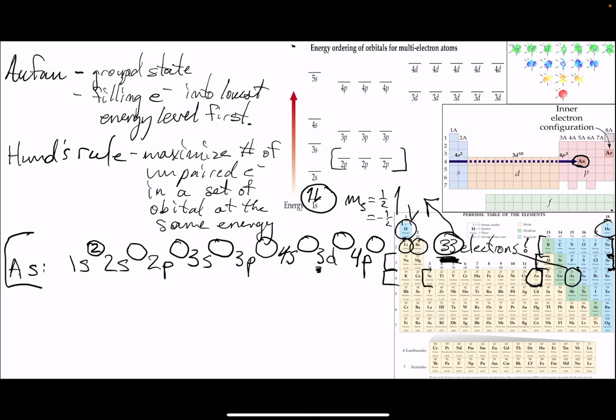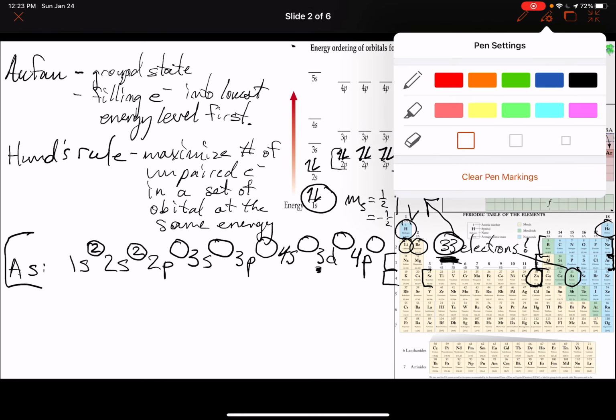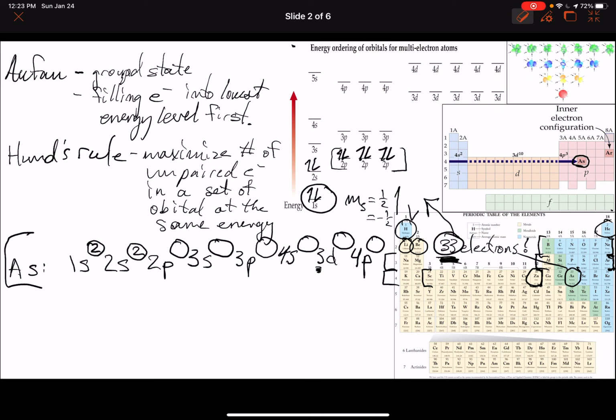Okay, 2 more electrons. 1, 2 in the 2s. The 2p, I have room for 6, so let's go ahead and use 6. 1, 2, 3, 4, 5, 6. Notice that we ended up fully paired there. To better show the filling exercise respecting Hund's rule, I'll redo that as if we were pouring them in one at a time.